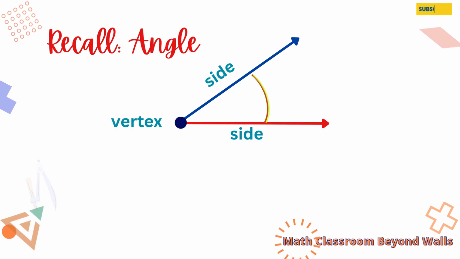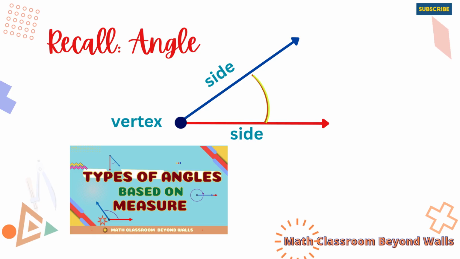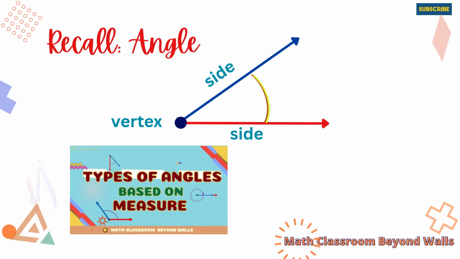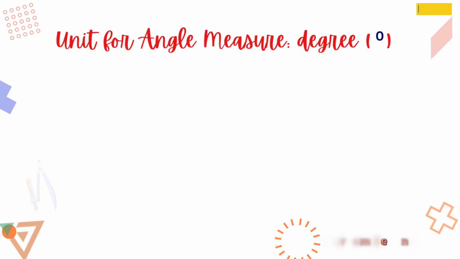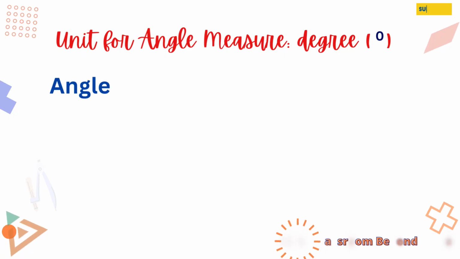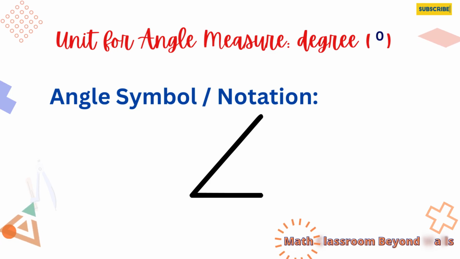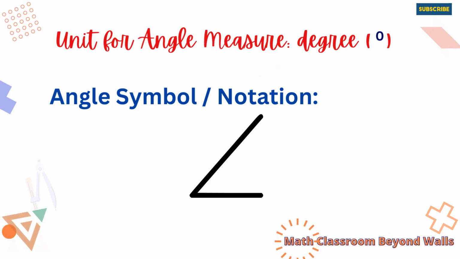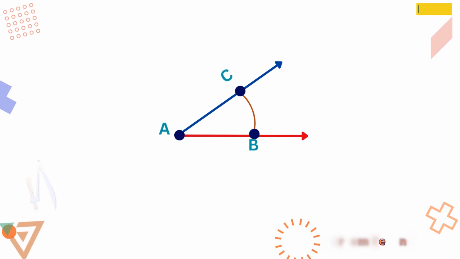Refer to the video lesson entitled Types of Angles Based on Measure on how the angle is measured using a protractor. In this video lesson, we will use the degree unit for angle measure. Remember that an angle has this symbol for its notation. We will refresh our memories on how the angle is named. Let us first name some points on the angle.